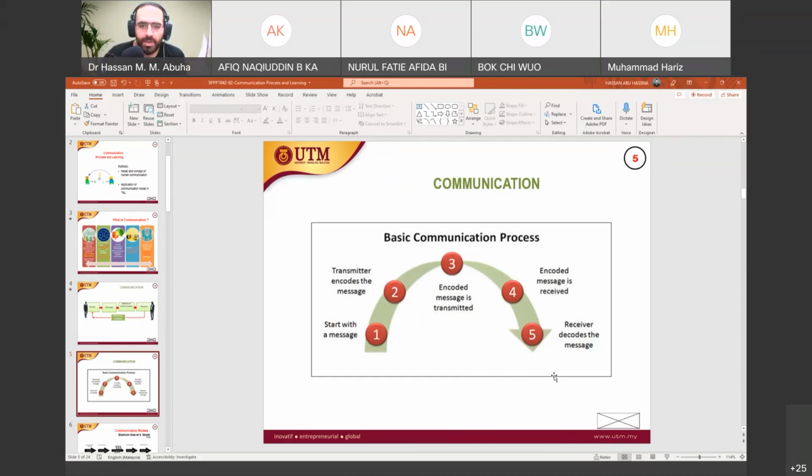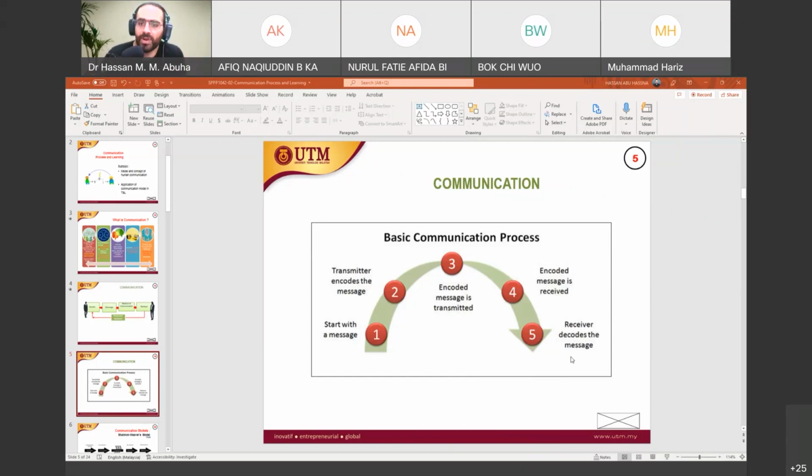Now, when we talk about the encoded message being transmitted, how am I going to judge whether this message has been successfully transferred to my students? It is by telling if the students understand the meaning, the skills, or the knowledge that I have sent to them.